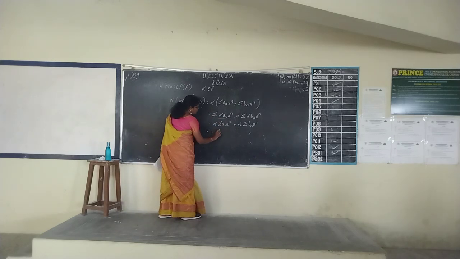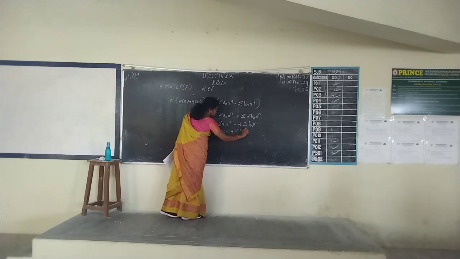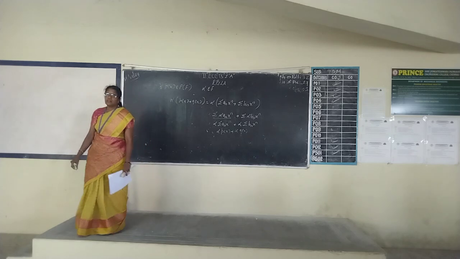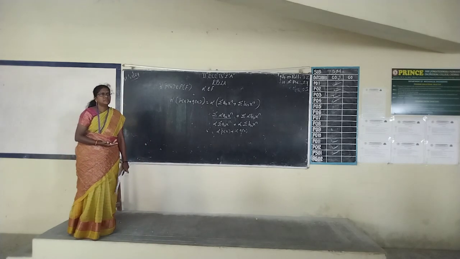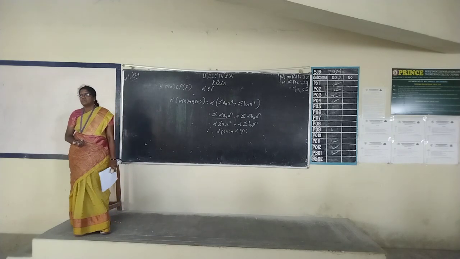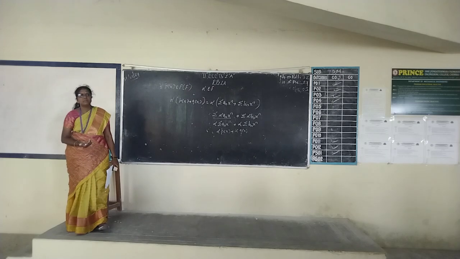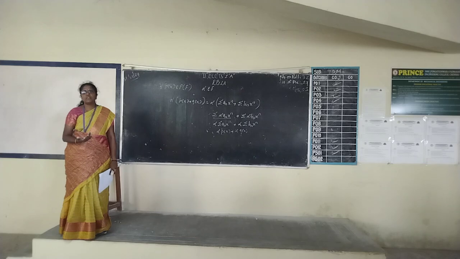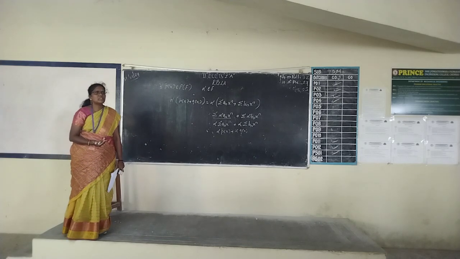So this is equal to alpha p of x plus alpha q of x. Shall we go for the second one? We got it done. What is the second one?